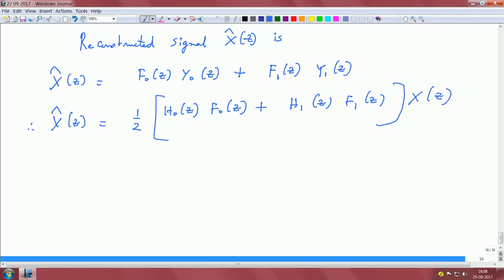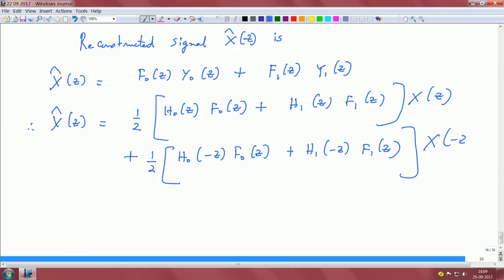What I am doing here is just plugging in y naught and y1 from my earlier step, plus h naught of minus z f naught of z plus h1 of minus z f1 of z times x of minus z, and this is the aliasing part. Okay.